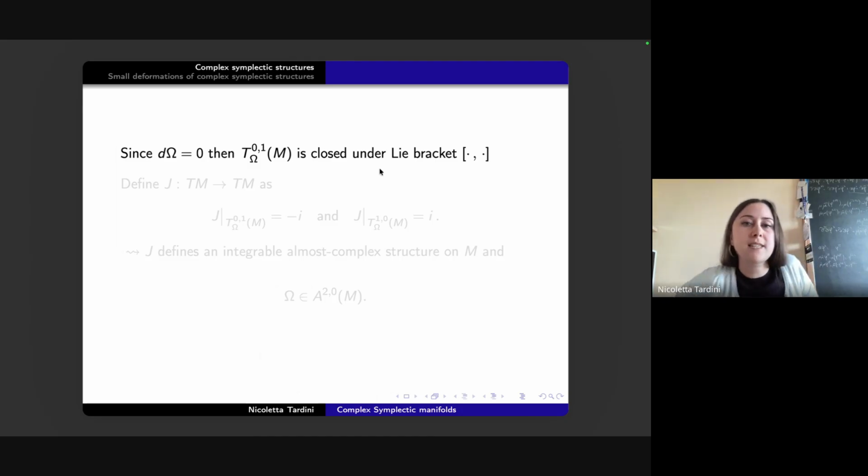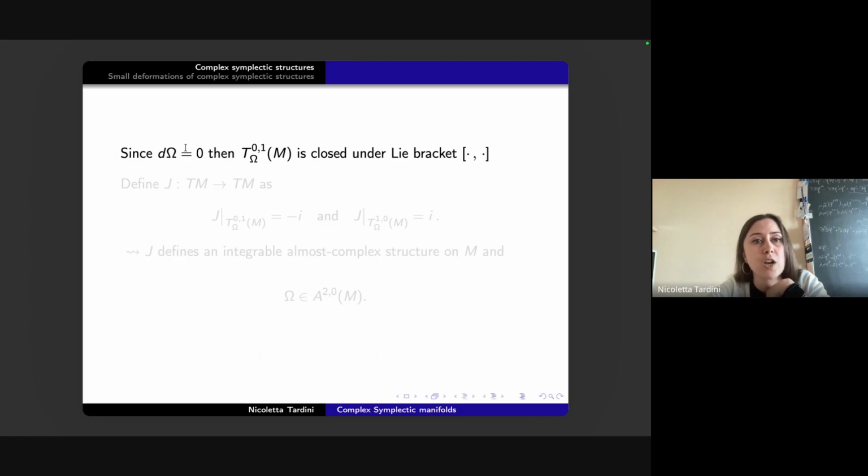So if you take the Lie bracket of two 0,1 vectors, which are essentially in the kernel of omega, the Lie bracket is still in the kernel of omega, so it's still a 0,1 vector. And this follows using the fact that the differential of omega is 0.